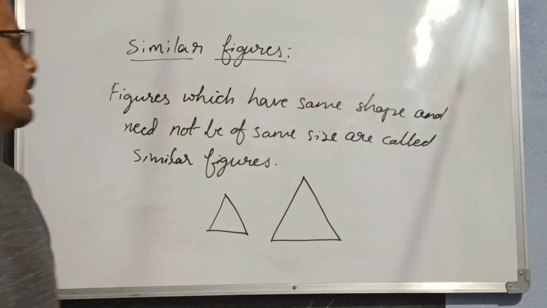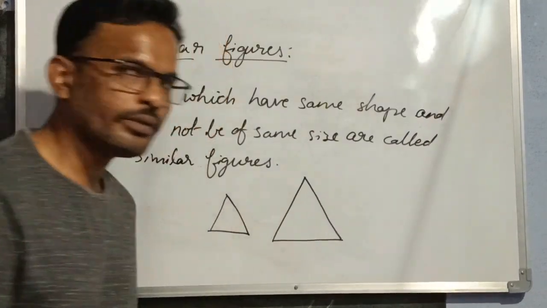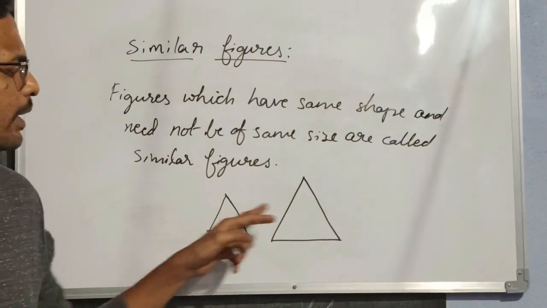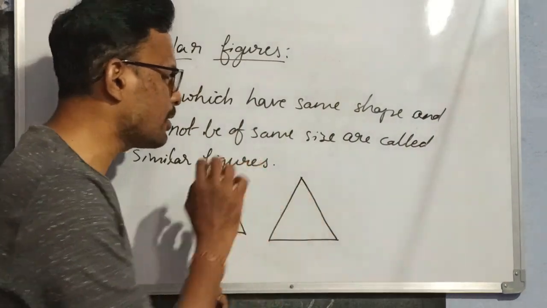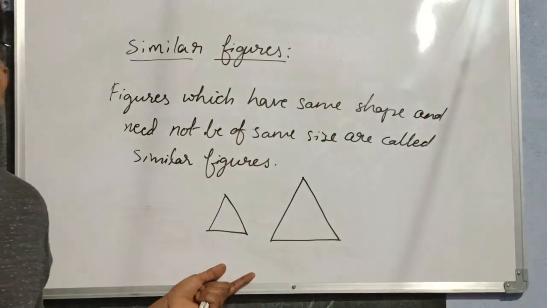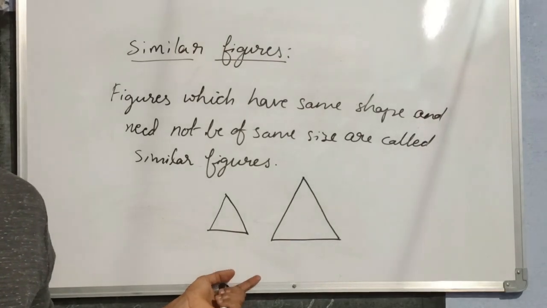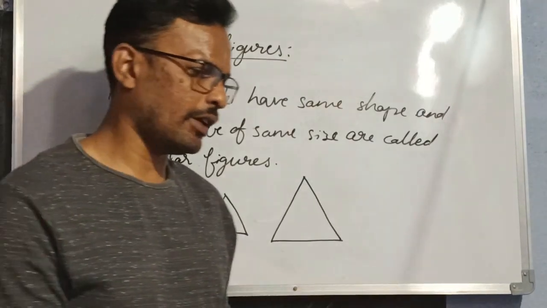Here these two are triangles anyhow, but one is a smaller size triangle, the other is a bigger triangle. Means the length of each side is smaller here, the length of each side is bigger here, but both are triangles. Such type of figures are called similar figures.